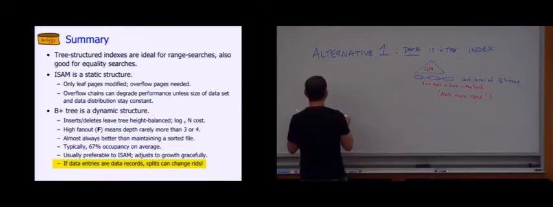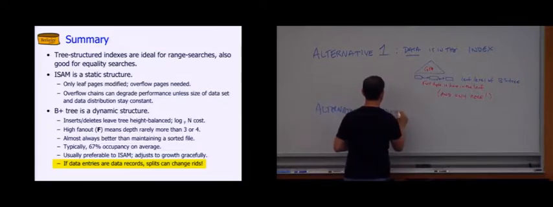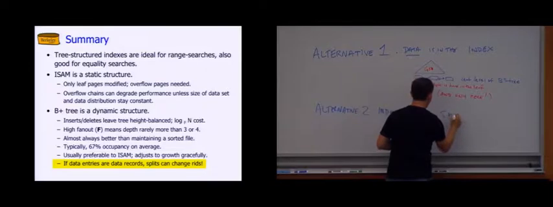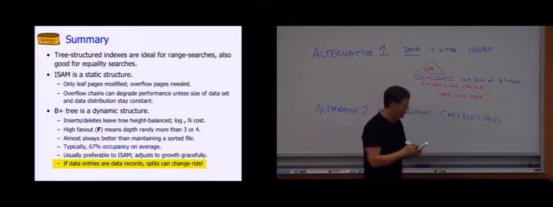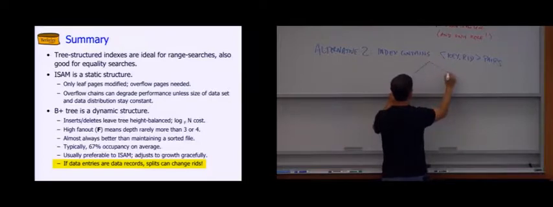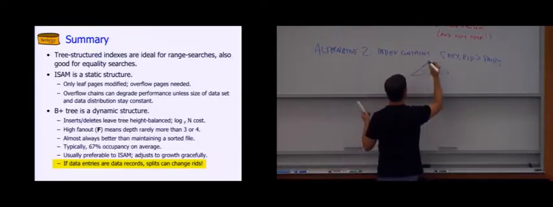Alternative 2: the index contains key, comma, RID pairs. In a B tree, they would be in the leaf. So in the leaf of the B tree, in this picture, we might have a B tree on the email address of a student.